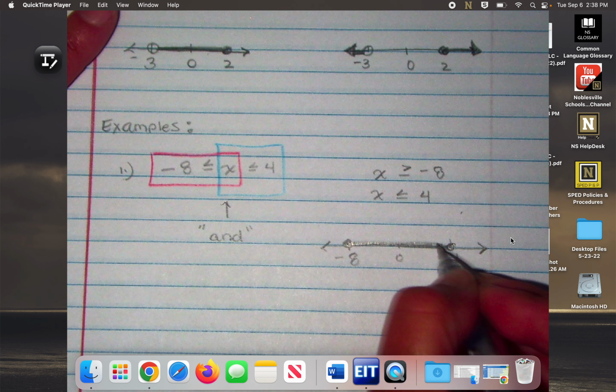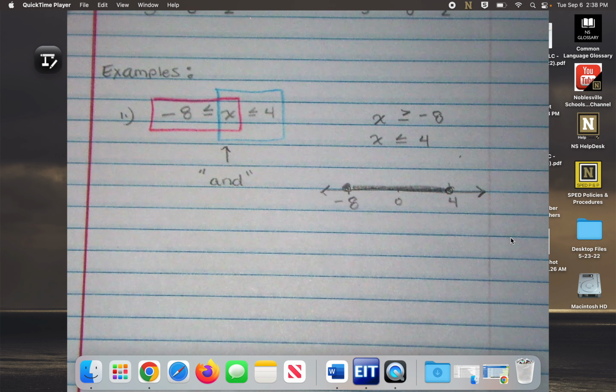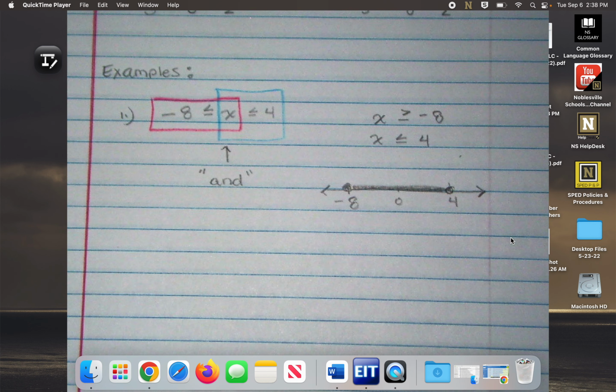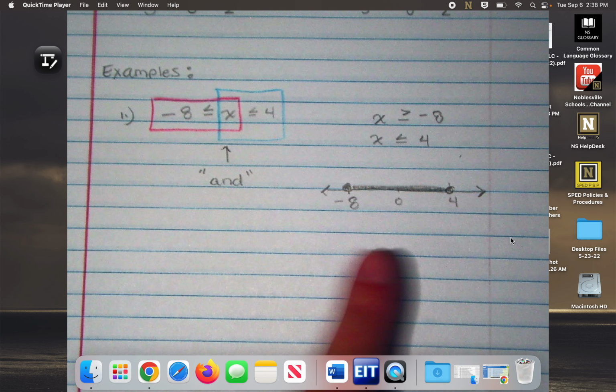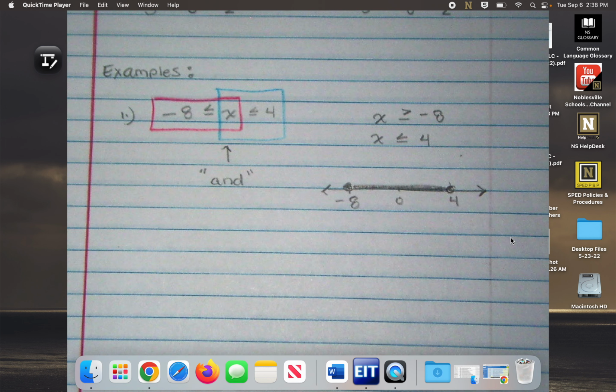So they connect in the middle. So my answer can be anything in between these two values, including those two values, because it's or equal to. So that's a pretty simple example.